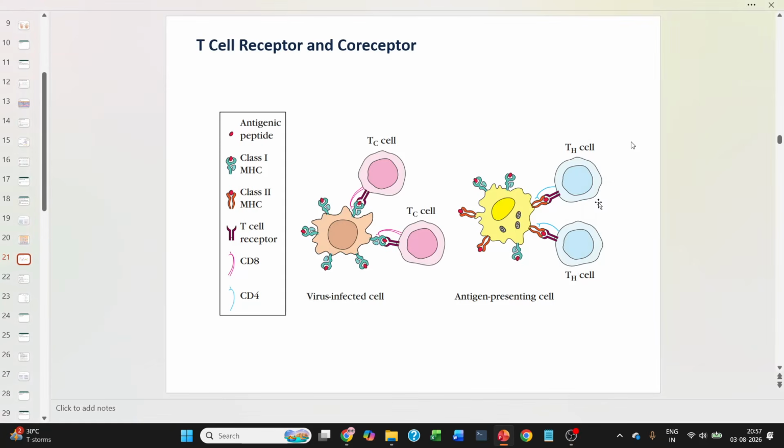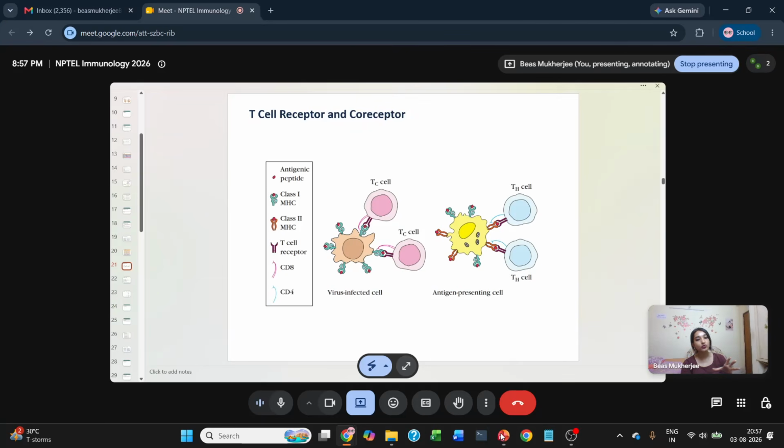Okay, so now we go to the T cell receptor and co-receptor. If you remember from previous class, there was this virus infected cell which was presenting its antigen using the MHC class 1 receptor, and this was getting identified by cytotoxic T lymphocyte. See here, besides the TCR, that is the T cell receptor, there is another receptor. This is called the co-receptor, and this is CD8 in case of cytotoxic T lymphocyte.